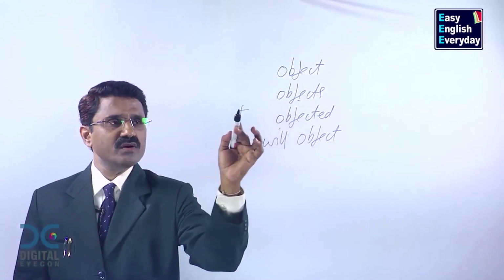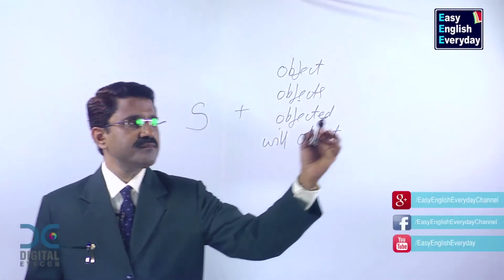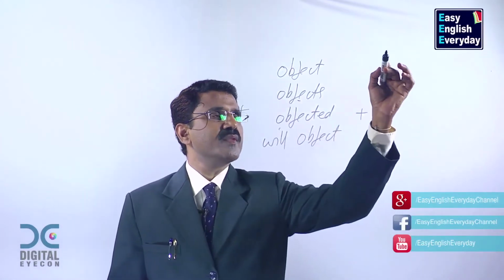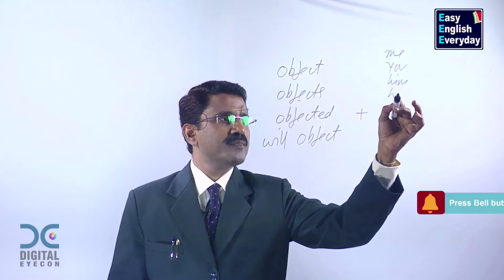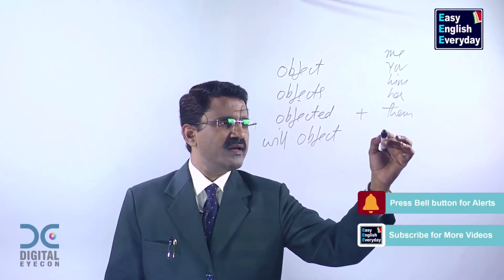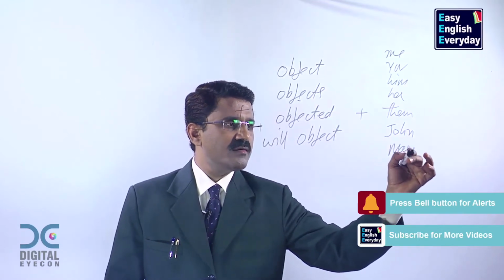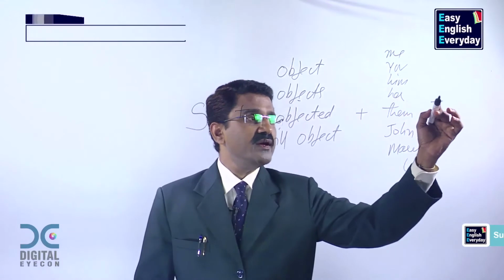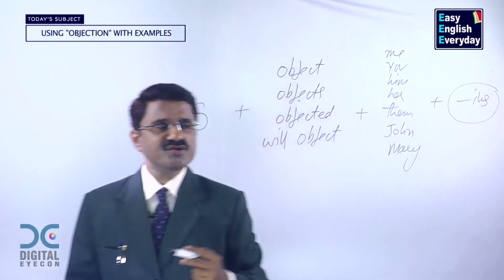Then in this zone you can keep the subject. Then me or you, him or her or them or any name, let us say John or Mary. Now here we use the ing part which we call gerund.